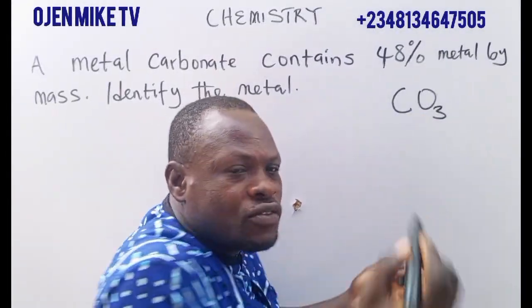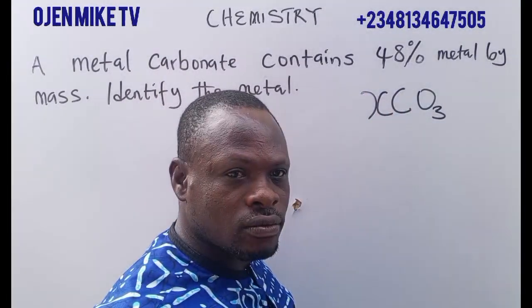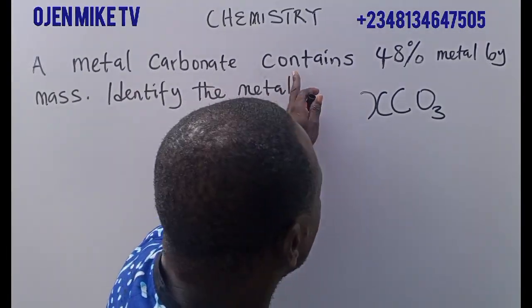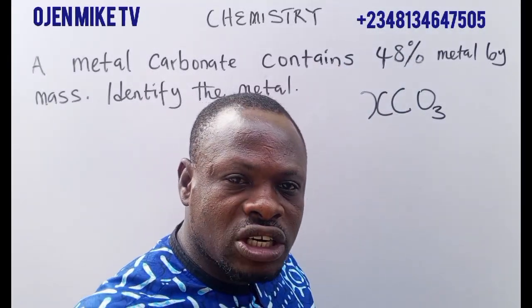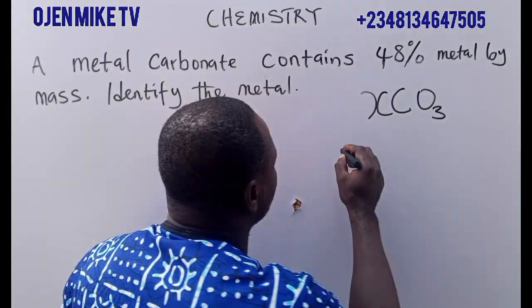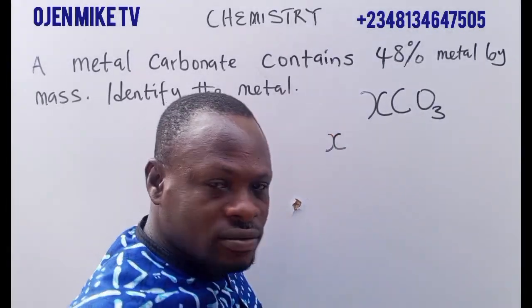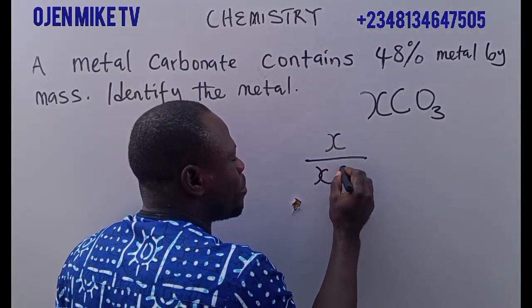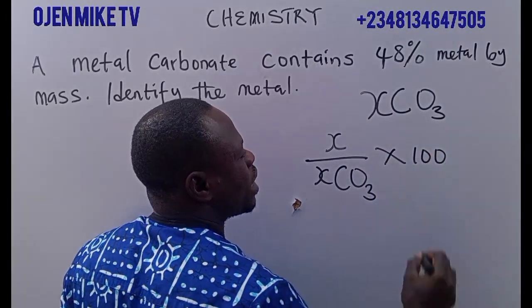So let's say the name of the metal is X, and we are asked to identify this X. Are you following? Now, remember, a question like this is coming from percentage composition. How do you write percentage composition? It is written as X, the one that you are asked to find, divided by the molecular mass of the combination, multiplied by 100.